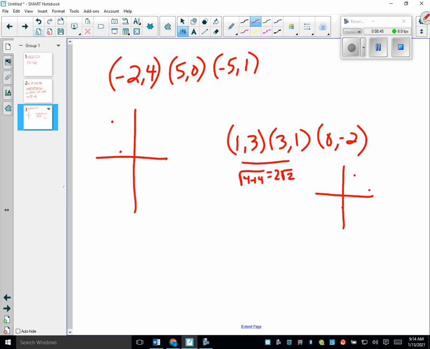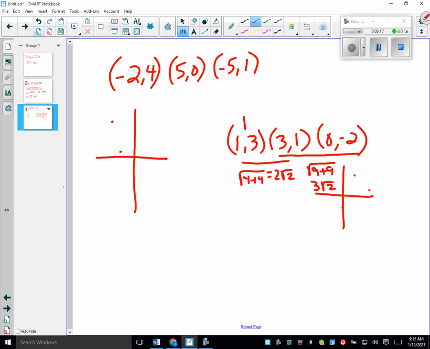But I was getting a couple frowns. Okay, what about these 2? Isn't this 9 plus, what is this? 9? Which is 3 radical 2, correct?